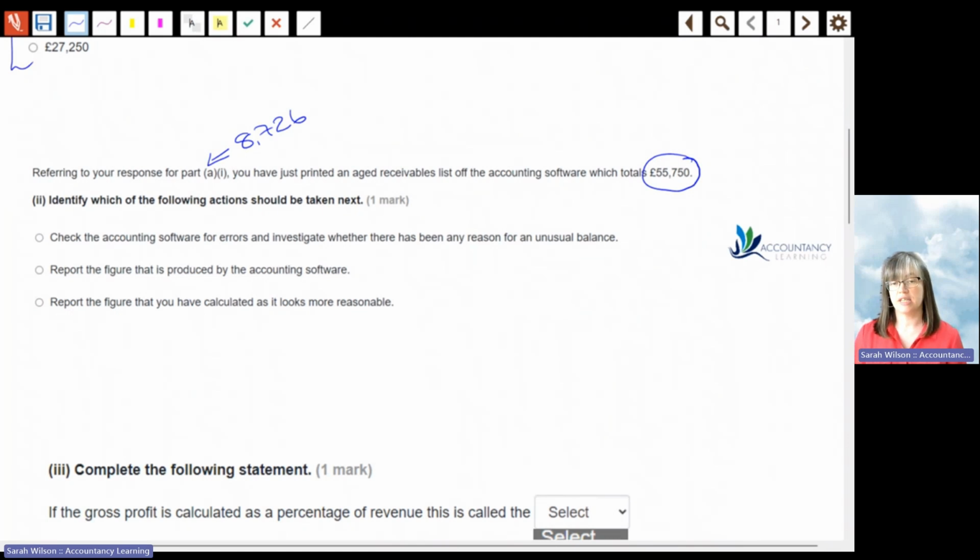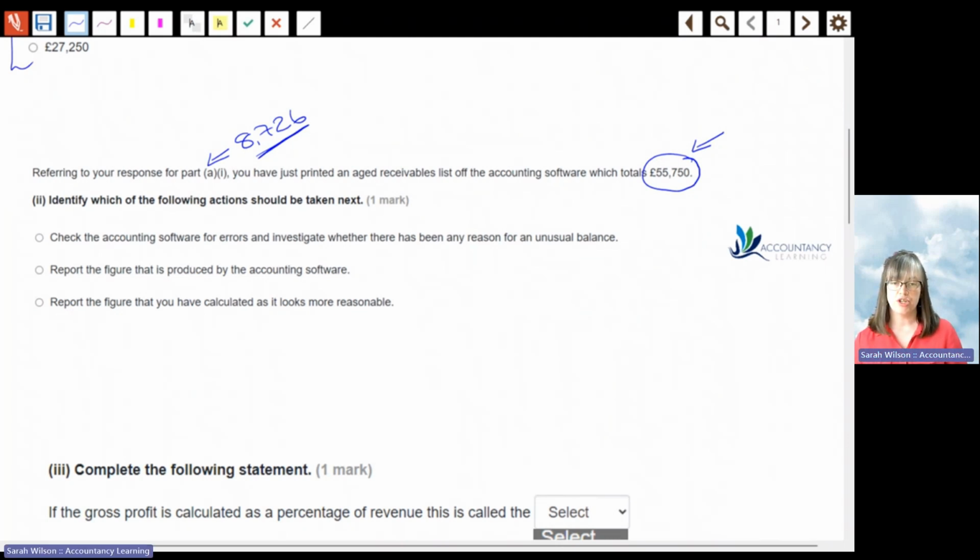We're then asked to identify which of the following actions should be taken next. So this was our estimate from the first part of this question, and this is how much the accounting software is saying the closing balance is on the account. And that's quite a big difference between those two figures.